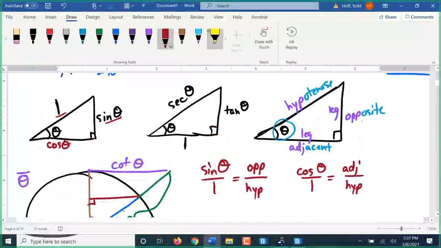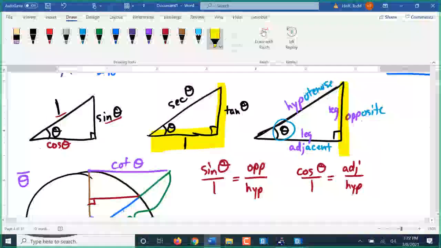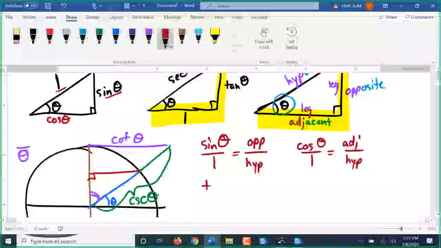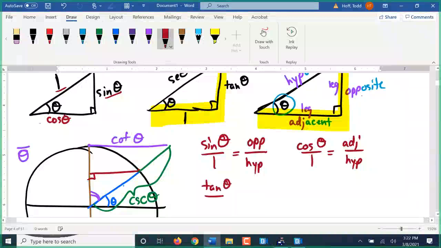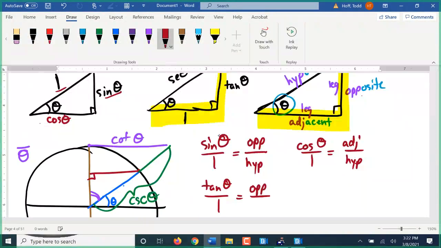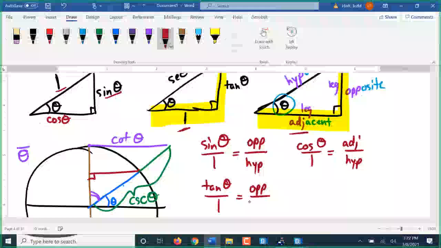I'm going to go to this triangle now. I'm going to use the tangent compared to 1. That would be these two sides over here. So the tangent of theta over 1. What side of this triangle compares to the tangent? The opposite. And now which side compares to the 1? The adjacent side.